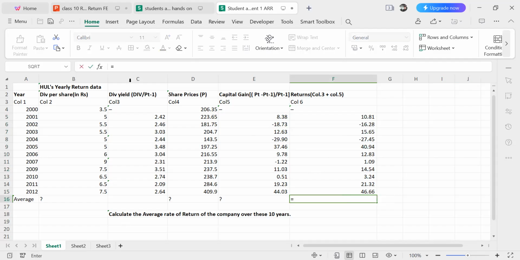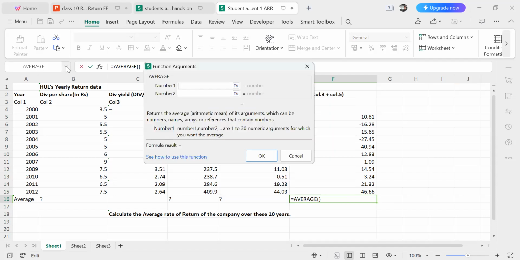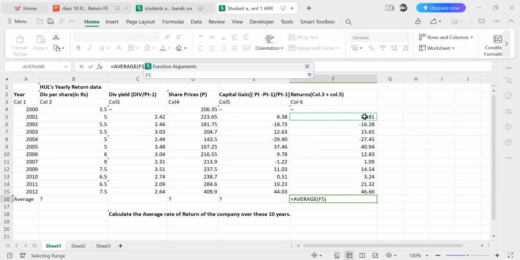Okay. Now you know how to calculate the average rate of return. Calculate your average rate of return, which is simply the average. What you can do is simply, you can see here there is a function here. You can choose the average function here. Average. Then what you can do is simply drag it.